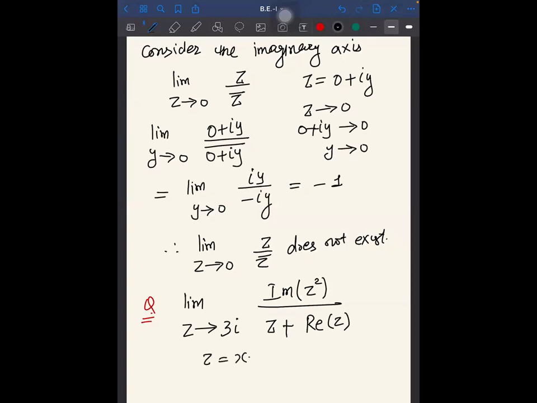Z is a complex number, let's say x plus iota y. And what is z square? Of course, if we do it, we'll get it in this way. And what is the imaginary part of z square? 2xy. Exactly, only 2xy.